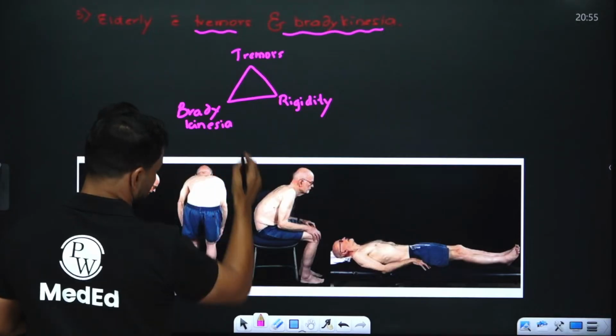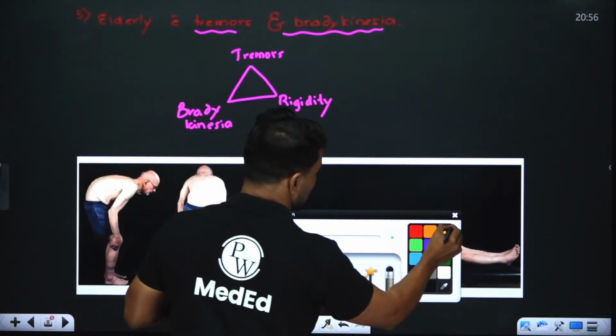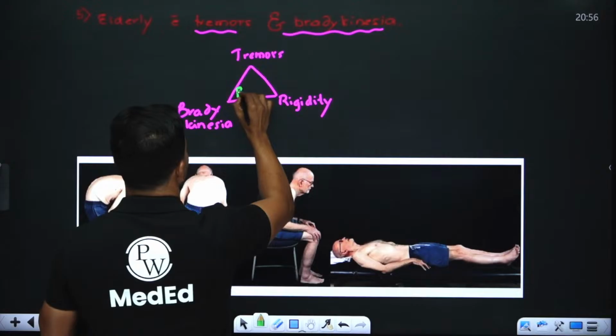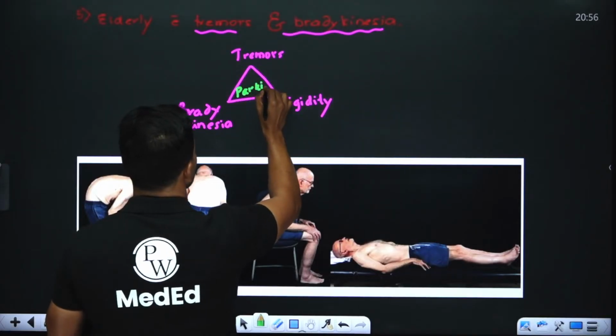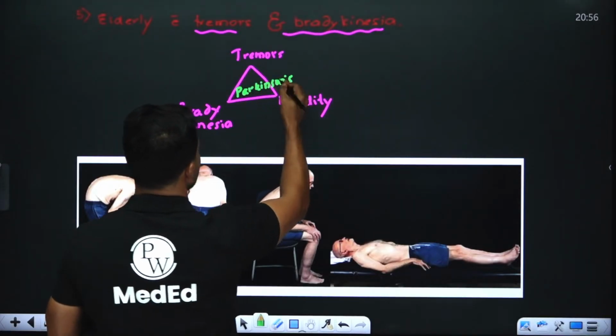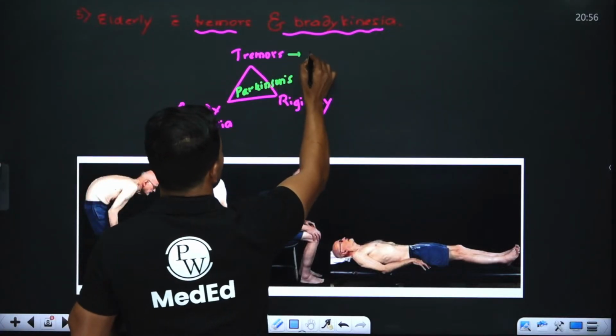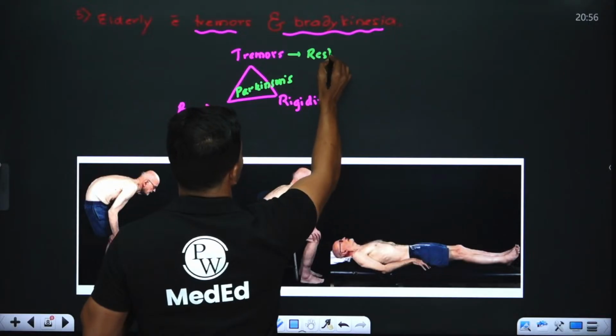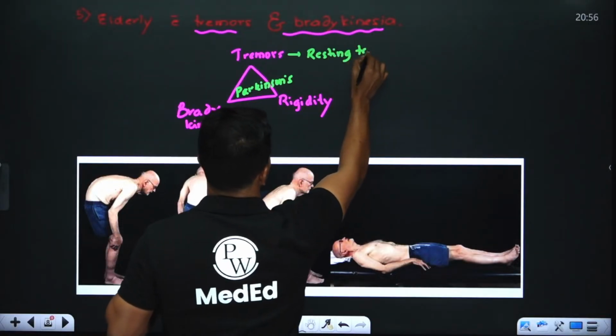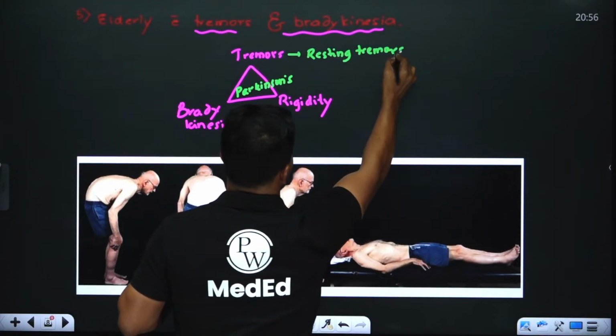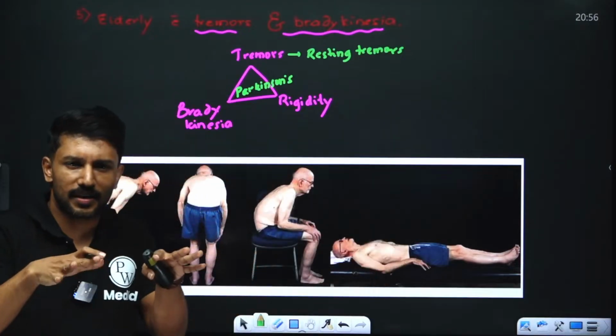Bradykinesia. These are called the cardinal manifestations of what we call Parkinson's disease. We already know that in Parkinson's they have tremor, which is resting tremor. Tremors are classified as resting tremors, where tremor is there at rest.